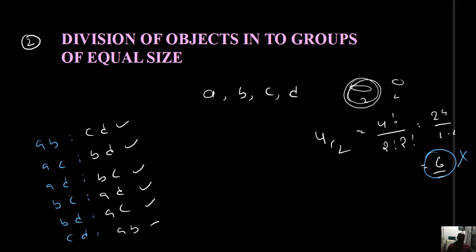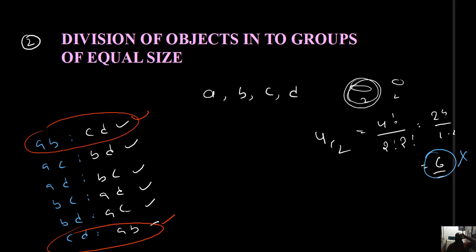Why is this answer wrong? What is the important thing? See, this group and this group are the same, identical groups. We are not distributing among persons. Among persons, these two would be treated as different. But here you want to make 2 groups: group AB and group CD. Automatically, one group is CD and the other is AB. You are not mentioning first group and second group. You just want to make 2 groups.